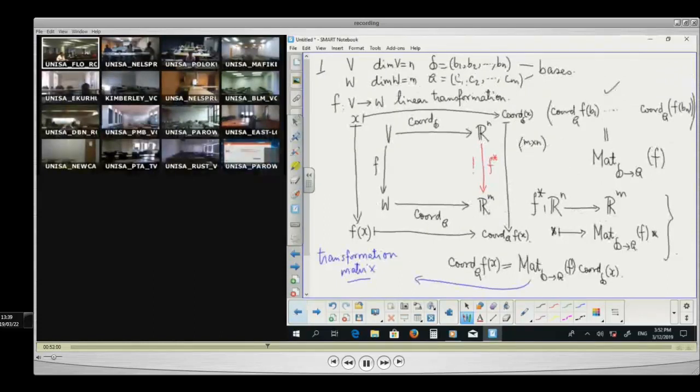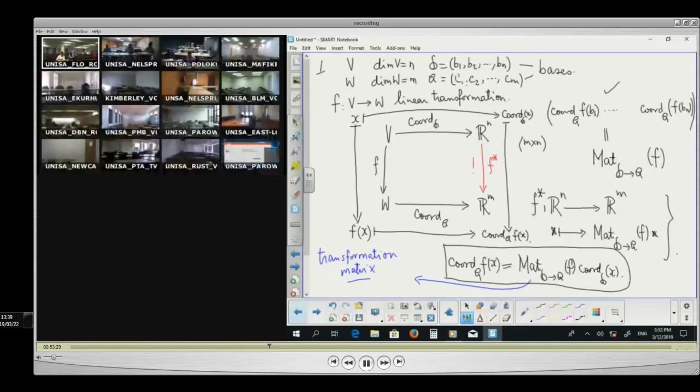How do you compute the coordinates in the codomain, with respect to the basis in the codomain, of f of x, the image? Well, it is the transformation matrix B to A of f times the coordinates originally. Right? So new coordinates, you can read it like this: new coordinates is transformation matrix times the old coordinates.